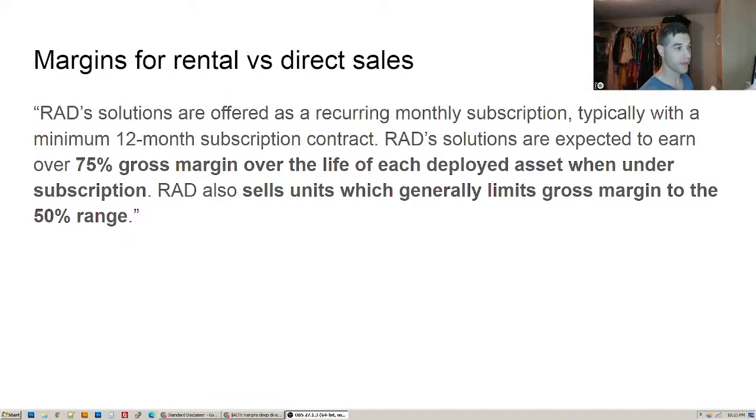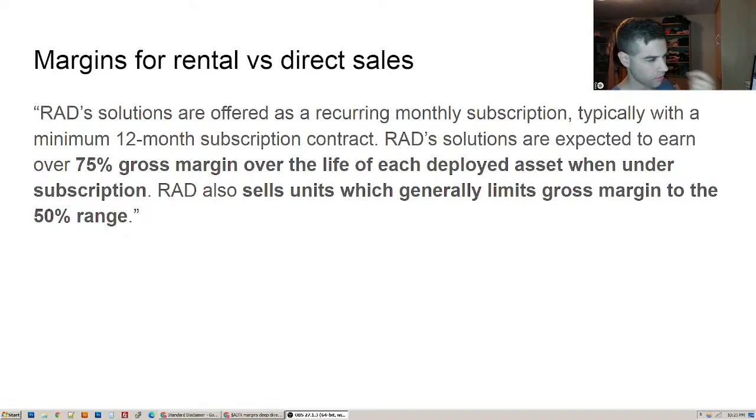Oh yeah, I have it right here. They're typically offered as a recurring monthly subscription, minimum 12-month subscription contract, and they are expected to earn over 75% gross margin over the life of each deployed asset when they're under subscription. They also sell units, which generally limits gross margins to the 50% range, right?